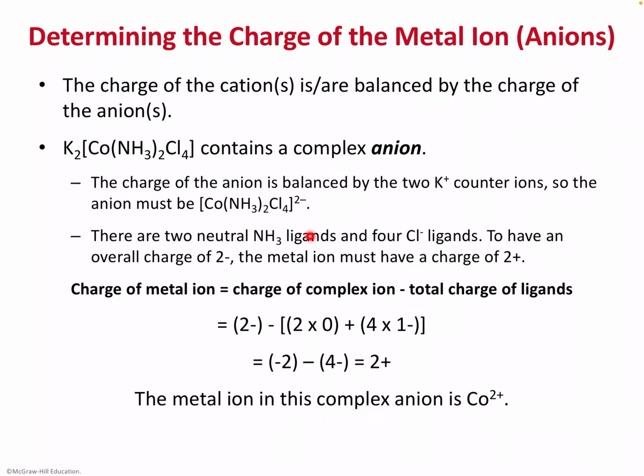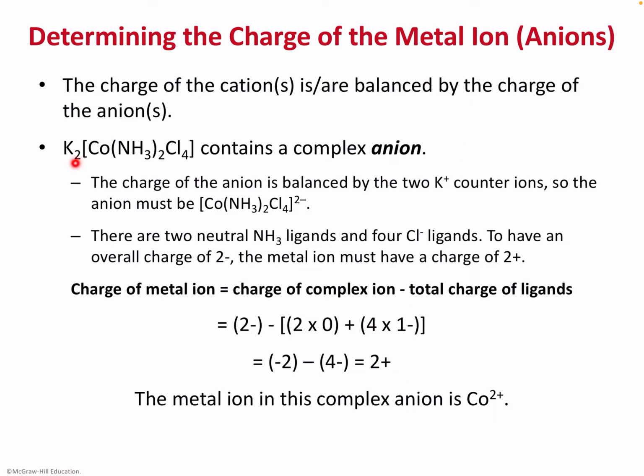There are 4 chlorides, each with a charge of -1. So 2 times 0 is 0, and 4 times -1 is -4. So -2 minus -4 is +2. So the metal ion in this complex anion is cobalt 2+. That's how we find the charge of the metal ion in the anions.